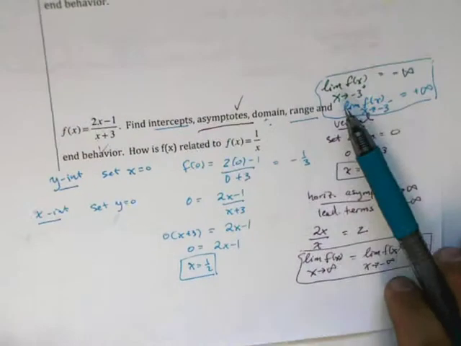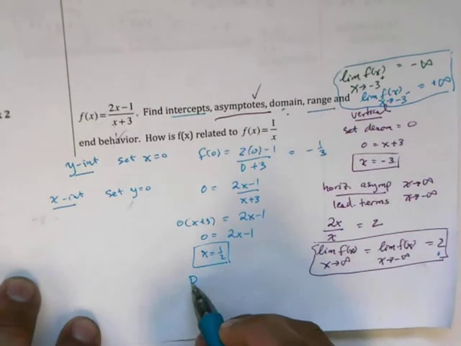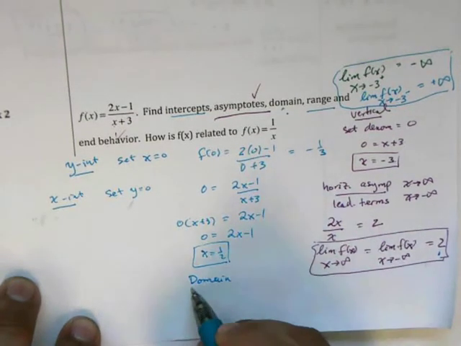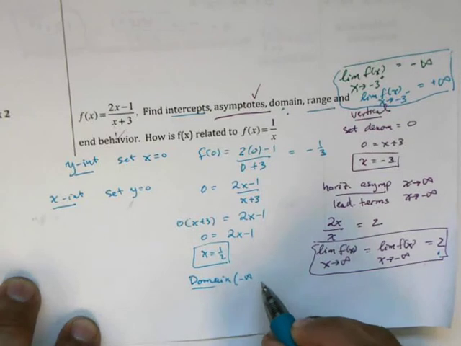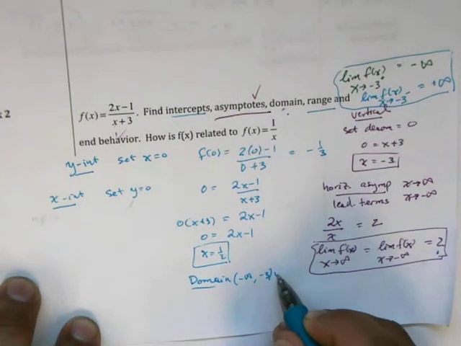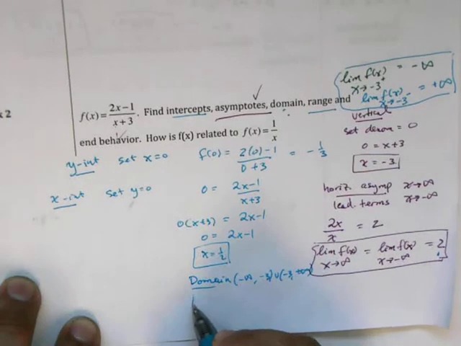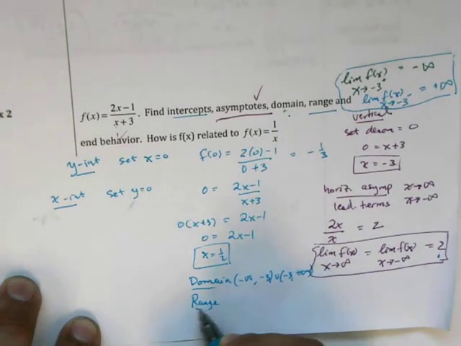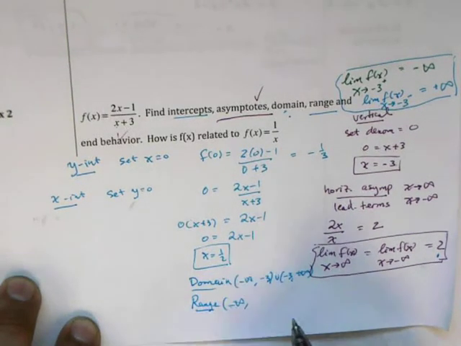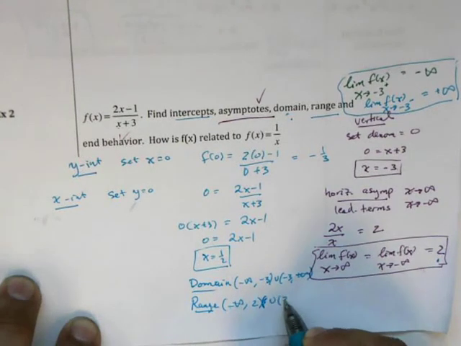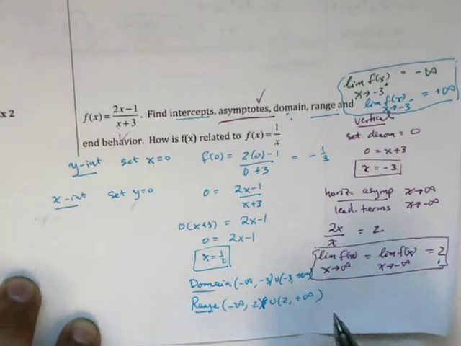So we'll write this down. Our domain is negative infinity to negative 3, union negative 3 to infinity. The range is everything from negative infinity to 2, union 2 to positive infinity.